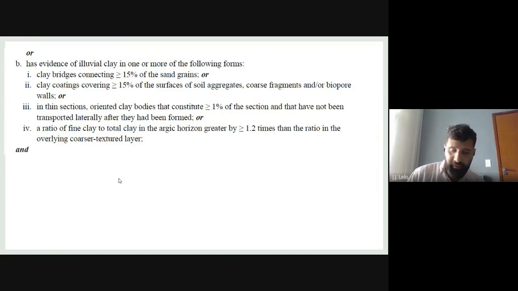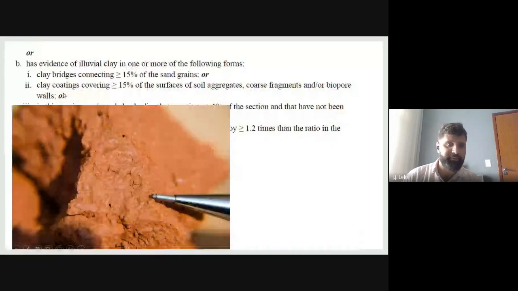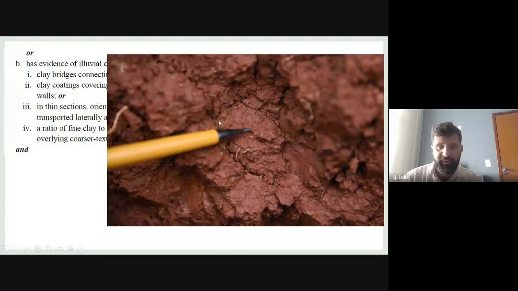We can also see the argic horizon if it presents clay coatings, this shiny clay surface that we can see, which represents clay eluviation, the migration of clay.